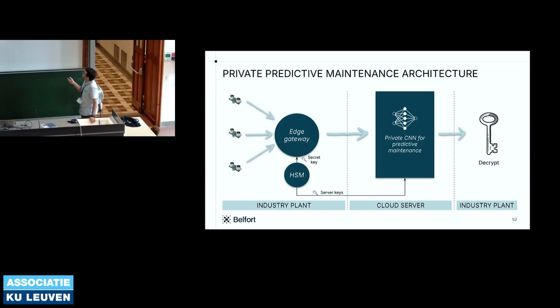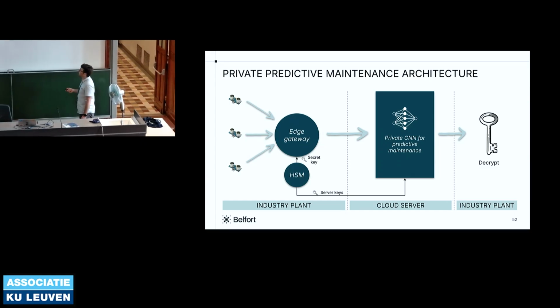So they can run it using FHE, send it back to the plant operator, and then the plant operator gets this metric about how much useful life is left for each device, and they can take appropriate measures and decisions about which machine should be replaced.